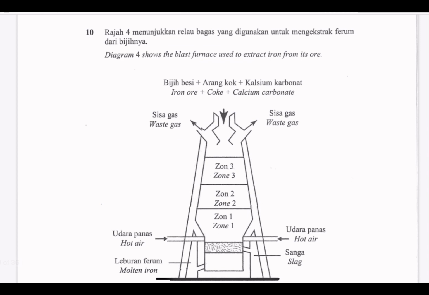Question 10. A blast furnace is used to extract iron from its ore. Okay, the ore refers to the metal oxide, in this case the iron oxide. The iron ore, coke, and calcium carbonate are put in.